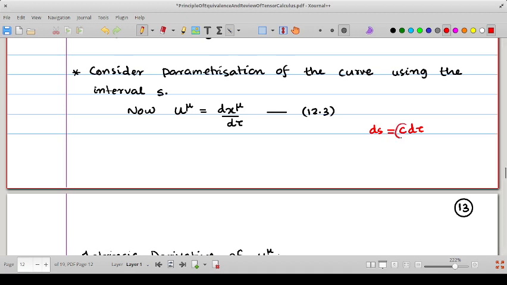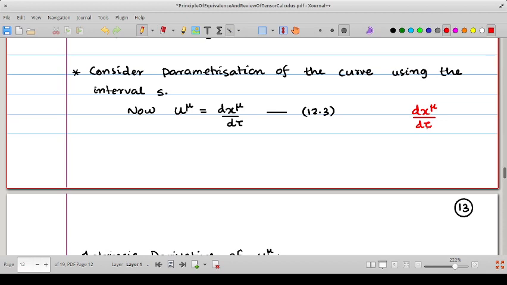So up to a factor of c, the parameterization with respect to the interval s is equivalent to parameterization with respect to the proper time τ in this four-dimensional space-time. So we can take the coordinate differentials dx^μ and divide by ds, which is equal to c dτ, or we can take the derivative with respect to τ.